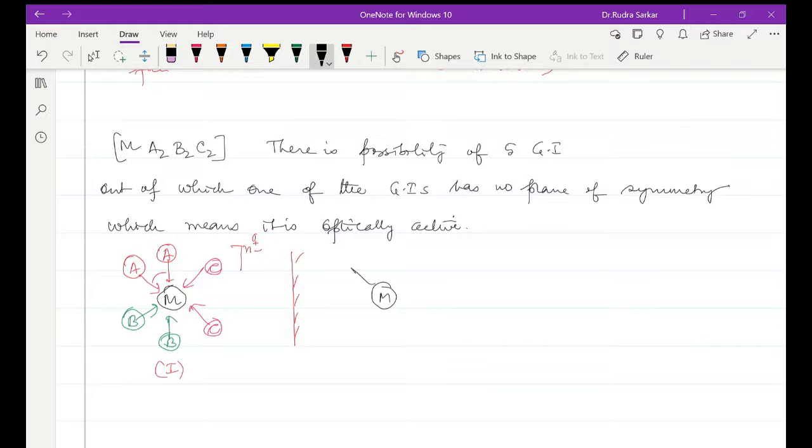So suppose we have for the C, another C. Then we will be placing the B donor points, and finally we will have the A donor points.